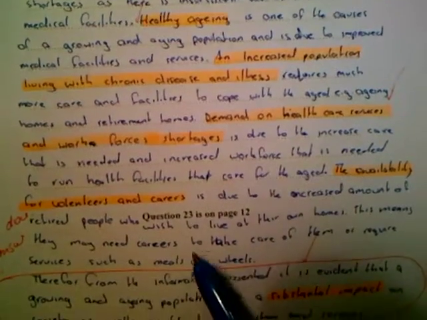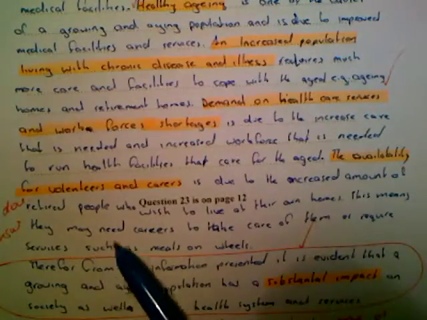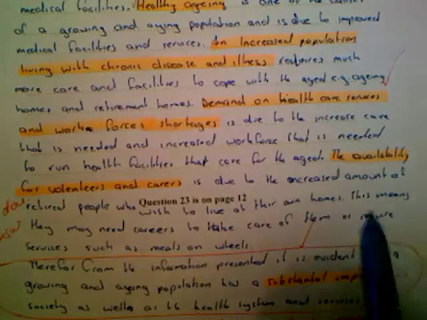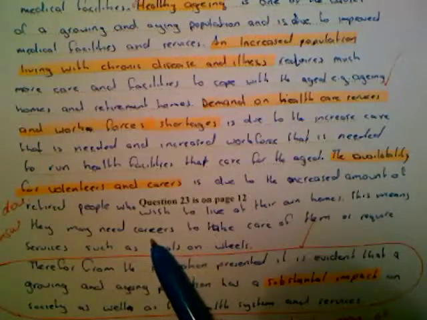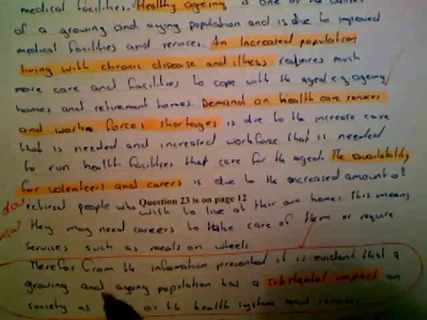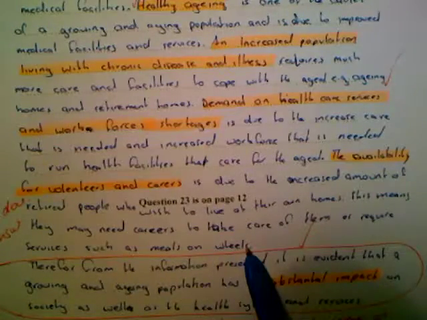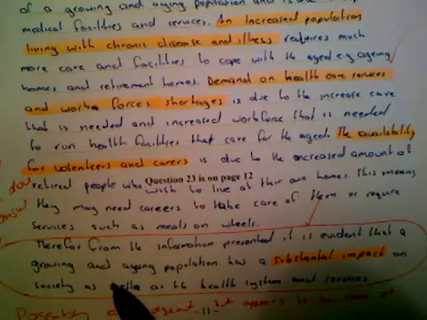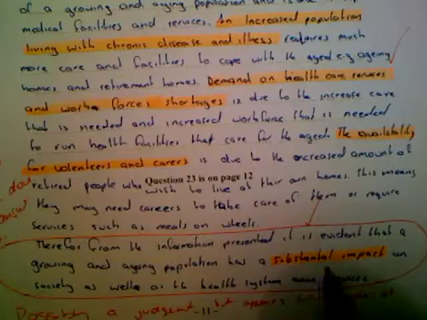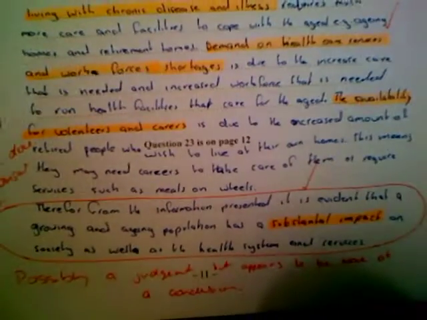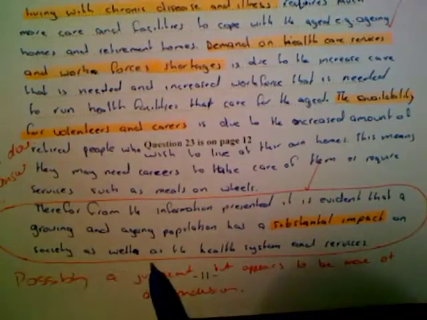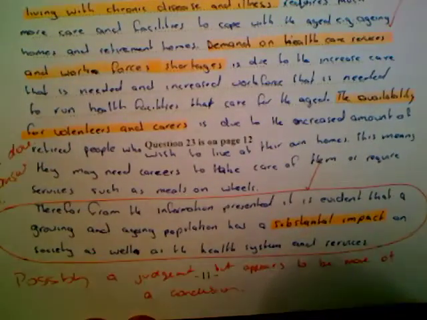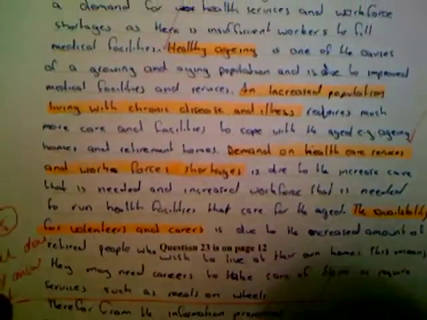The availability of volunteers and carers is due to the increased amount of retired people who wish to live at their own homes. This means that they may need carers to take care of them or require services such as Meals on Wheels. Therefore, from the information presented, it is evident that a growing and ageing population has a substantial impact on society as well as the health system and services. So that would be an answer there.